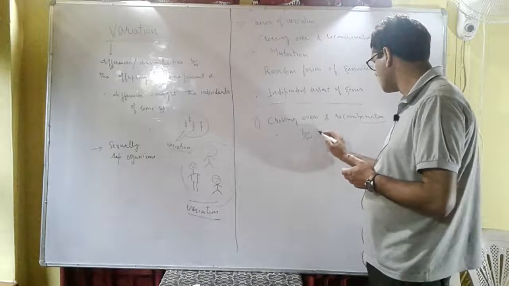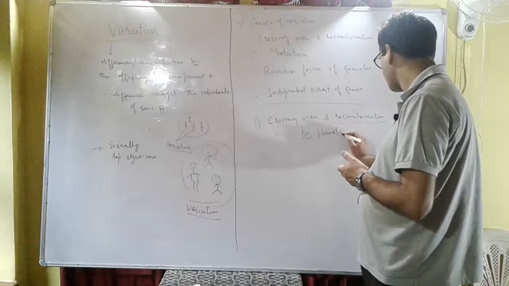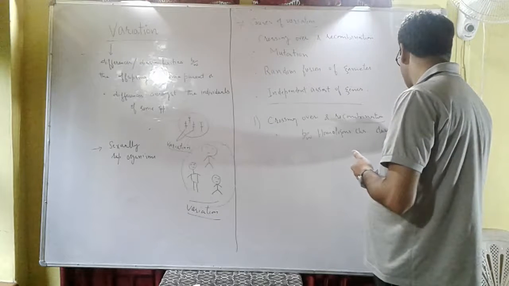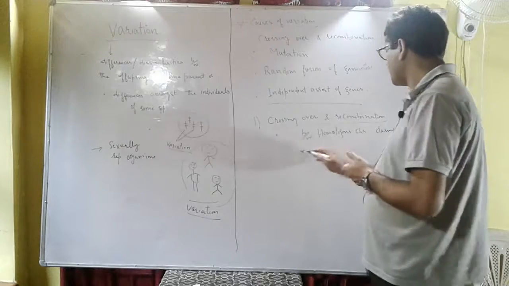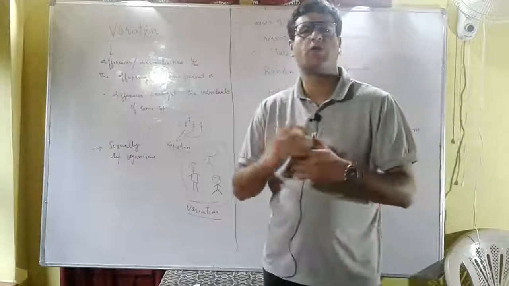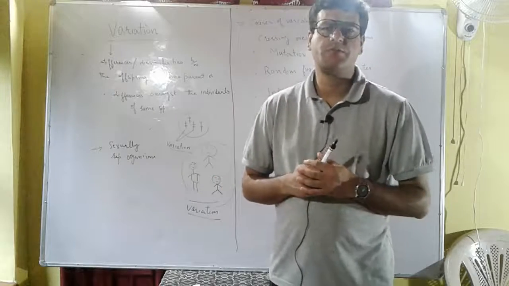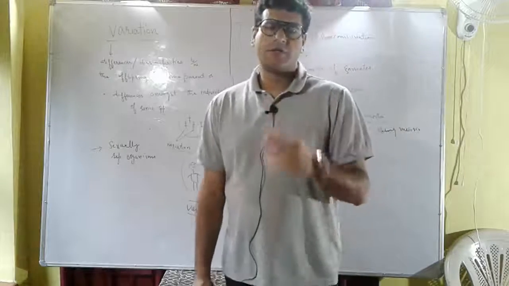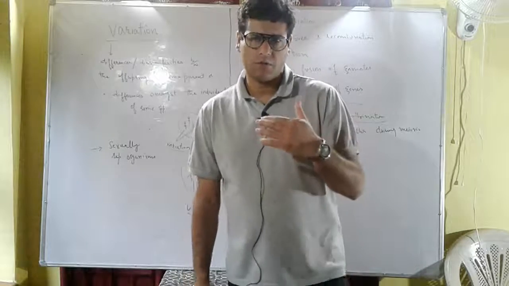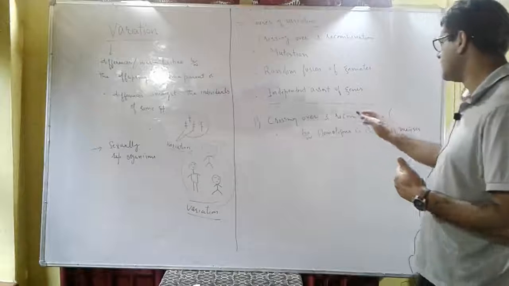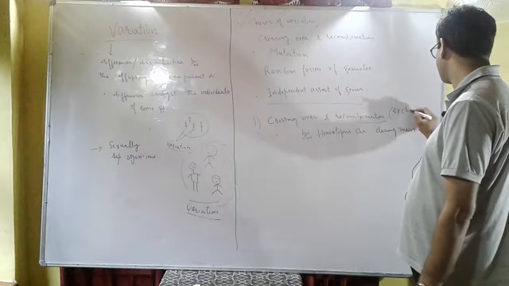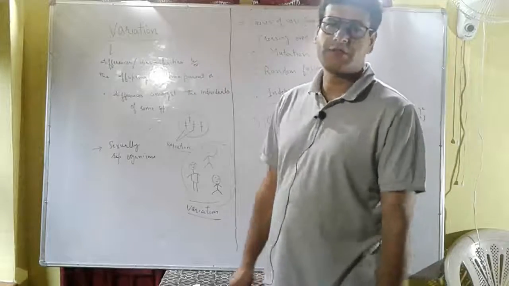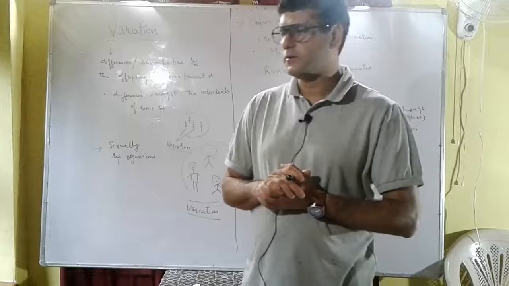It is simply called the exchange of genes, and this crossing over and recombination results in the reshuffling of alleles within the offspring.